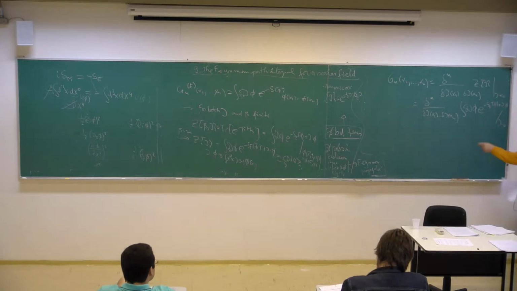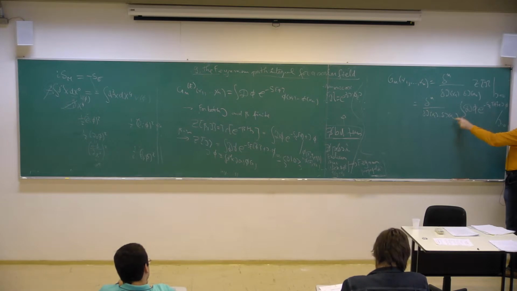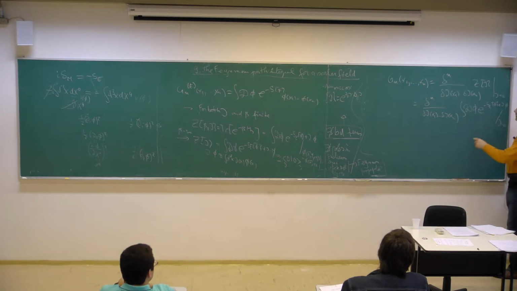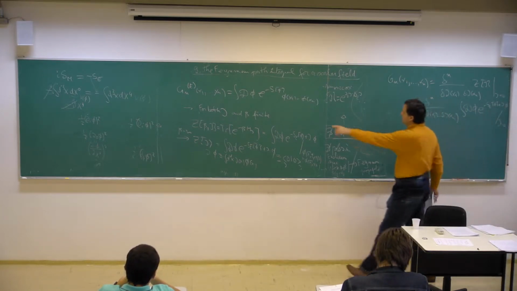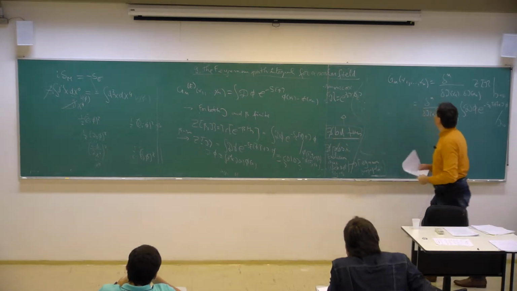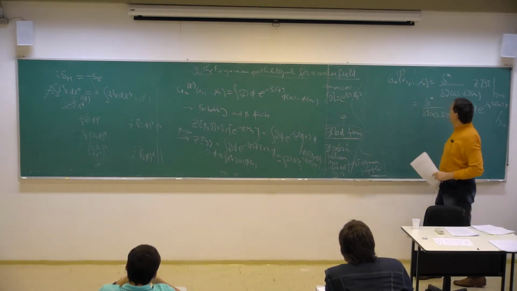And indeed, we see that when we take the functional derivative with respect to J of x, we kill this J and we're left with phi of x downstairs. So by taking n of these derivatives, we get indeed n phi's downstairs, as needed in the definition of the Euclidean n-point function.